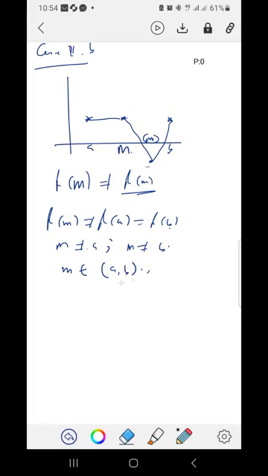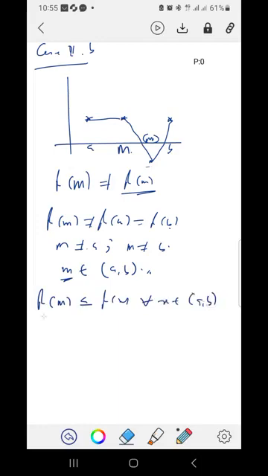Since f of m is the shortest, it means f of m will be less than f of x for all other x in that interval AB.